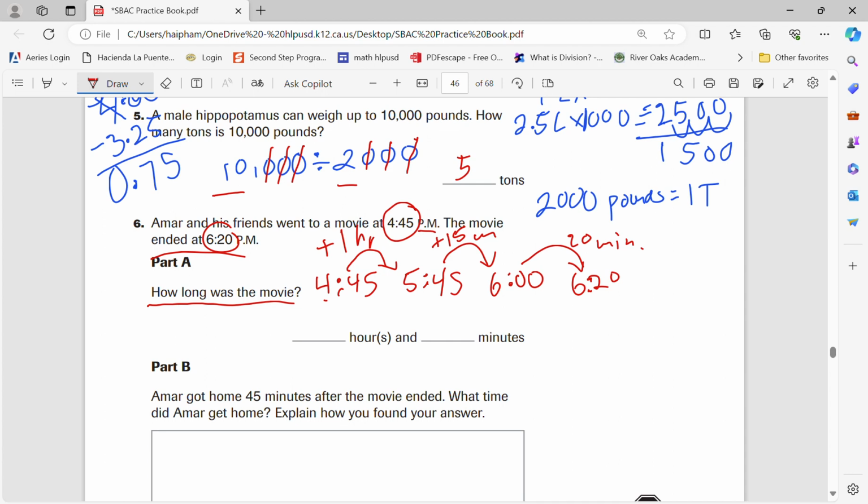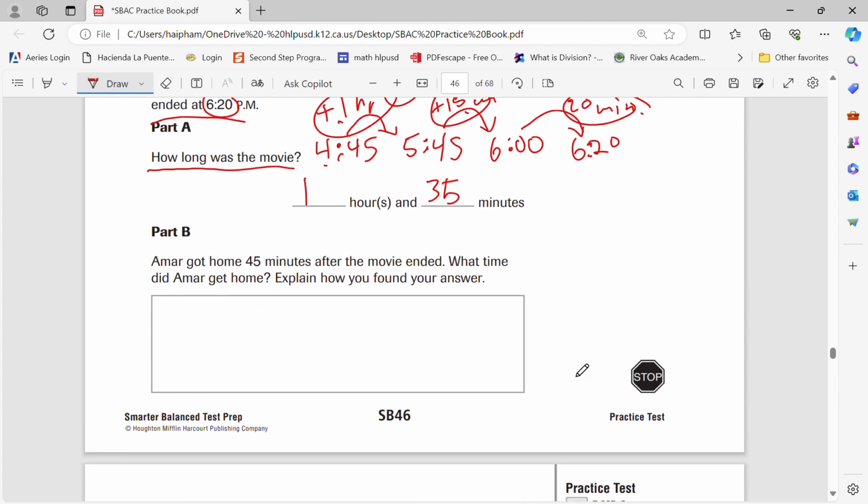So let's check to see what is the duration of this movie. We have 1 hour. 1 hour and 15. 15 plus 20 will be 35. So we have 1 hour and 35 minutes. The movie will last 1 hour and 35 minutes. All right. Let's check out part B of this problem.